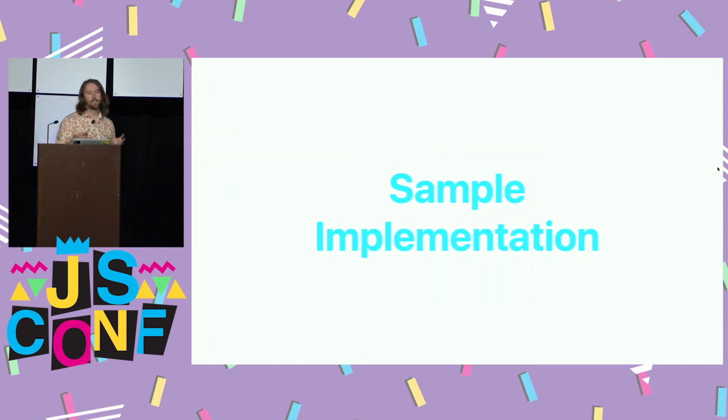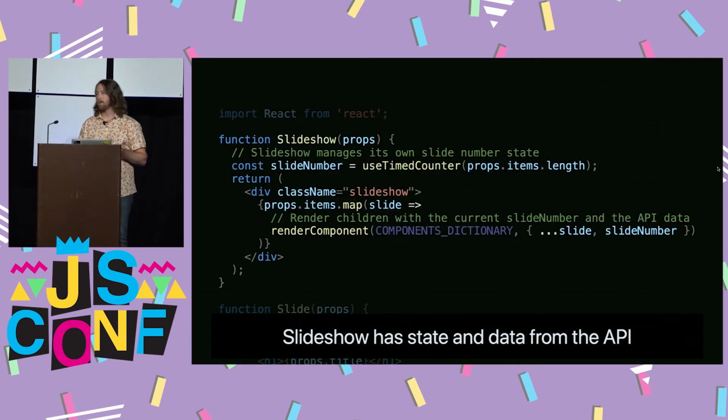So what does it look like to actually implement this on the front end? We showed the back end implementation, and we're going to use React to implement this. So we'll start with our component library. That's how most front end projects begin. And we'll build out a slideshow. A slideshow is going to have some state as to which slide it's currently on, a slide number, and it's going to receive props.